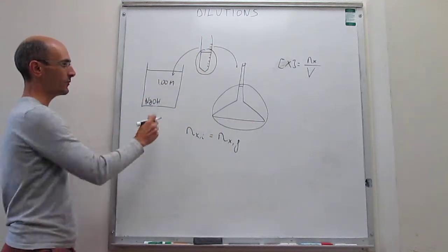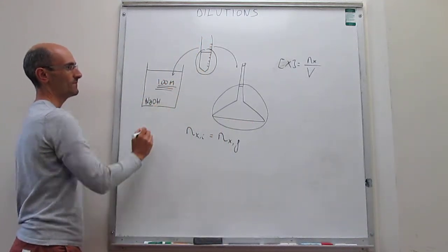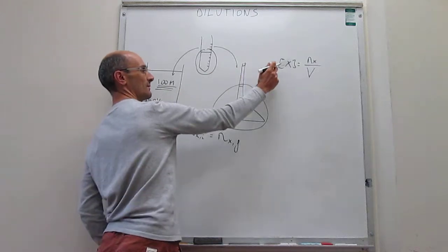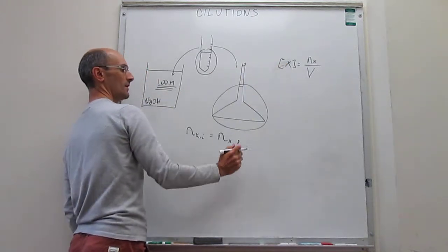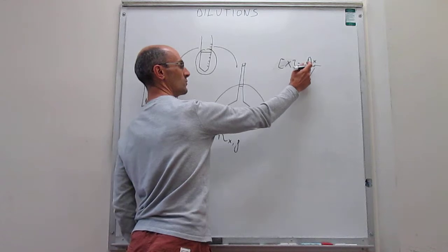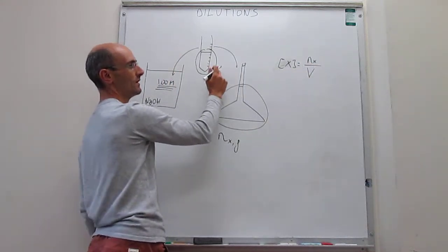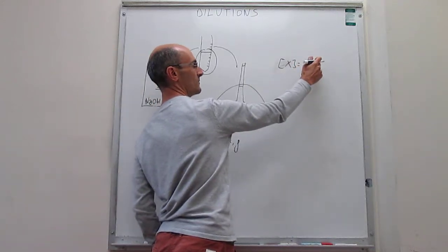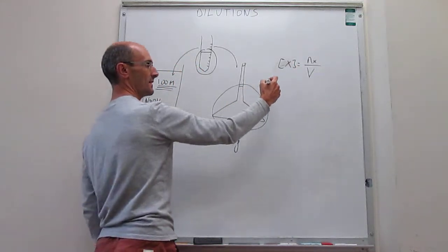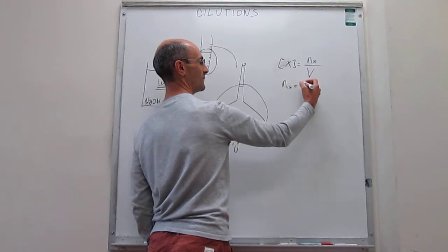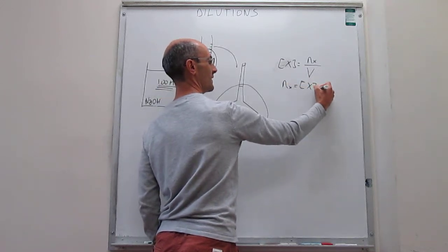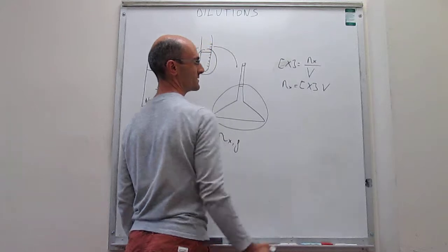Here we know the molar concentration of the stock solution, and the idea is to take a particular volume with the pipette, which is what we normally have to determine, to get a specific number of moles. Taking this definition, we can solve for the number of moles, and that is simply the molar concentration times the volume.